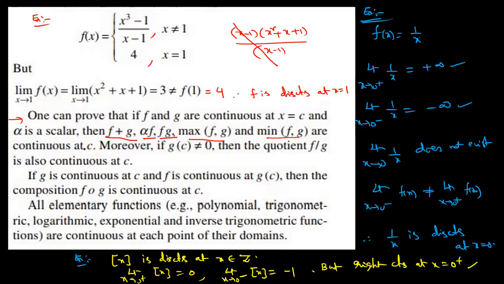Yes, both are continuous functions. Moreover, g of c not equal to 0, suppose, then f by g is also continuous. So write down point number 1, f plus g is continuous. Point number 2, alpha f is continuous. Point number 3, so point wise write on, submit the notes.